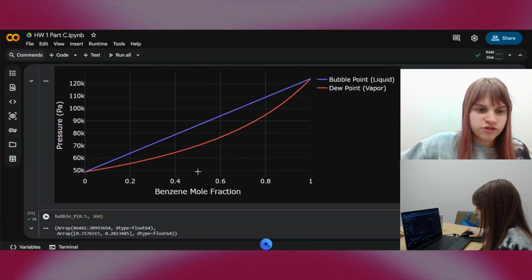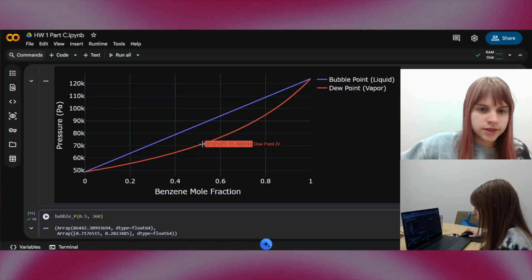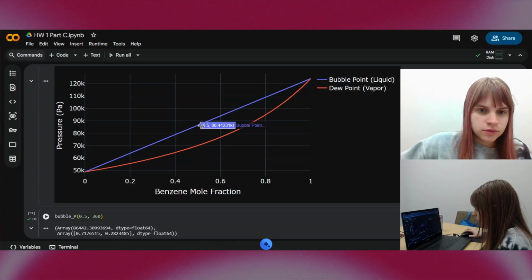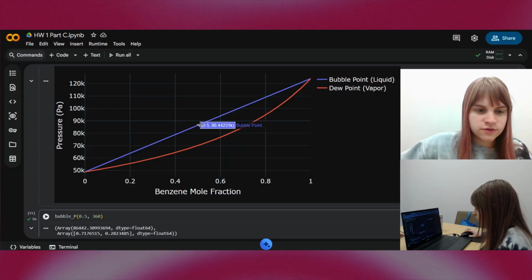So we had a mole fraction of 0.5 for our little test, and the bubble pressure was about 86,400, so that's this point right here.